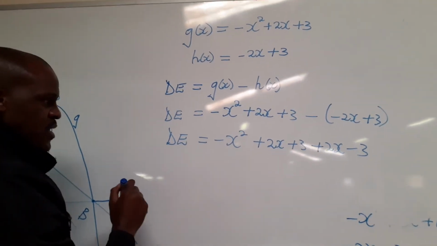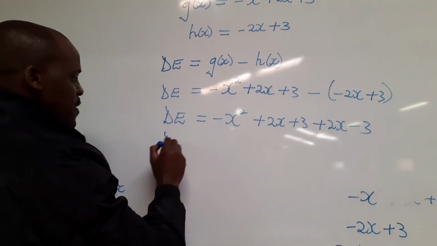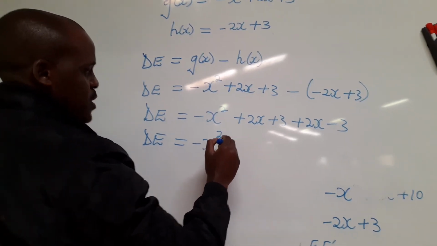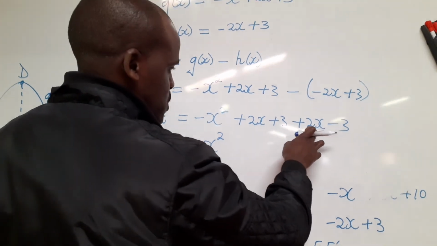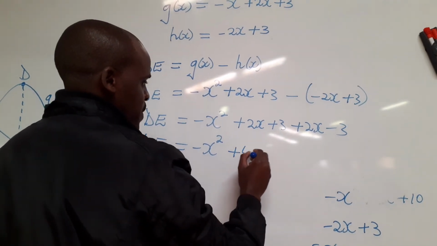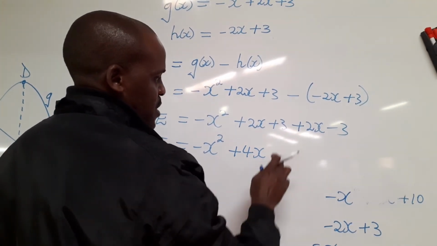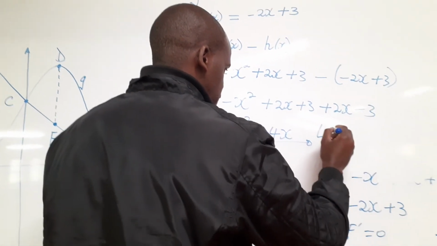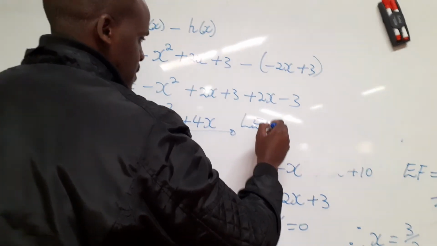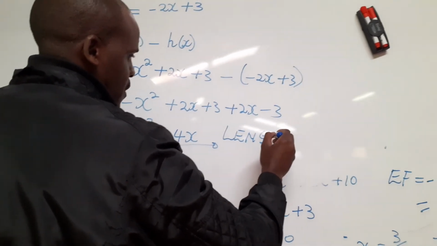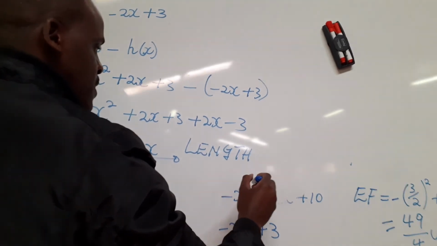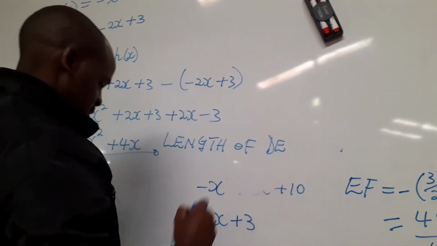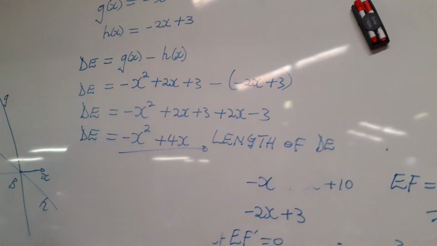And then let's add the like terms. The length of DE will be given by minus x squared. 2x plus 2x will give us 4x. 3 minus 3, 0. This is the length of DE.